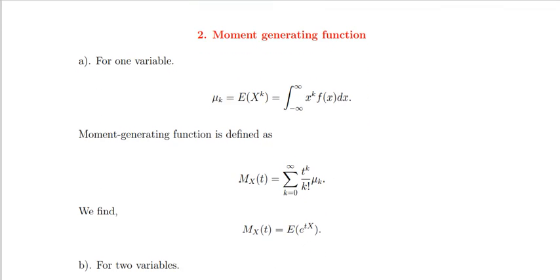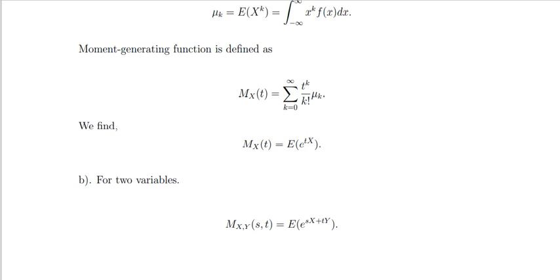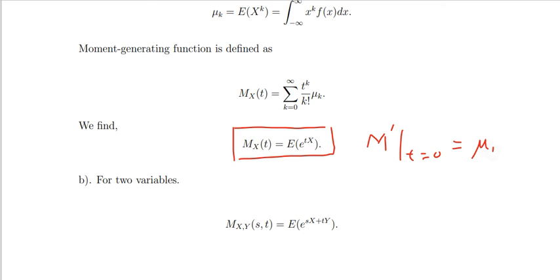Okay, so for the moment generating function, for one variable, we have this. This is the definition of the moment generating function. From the moment generating function to the moments, the first derivative at t equals 0 equals mu1, the first moment.